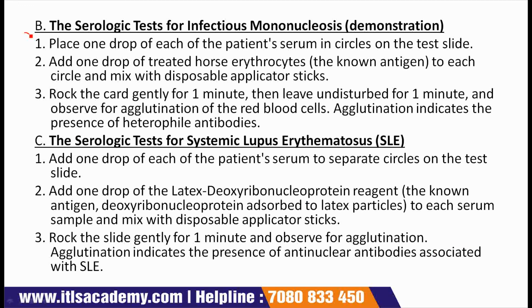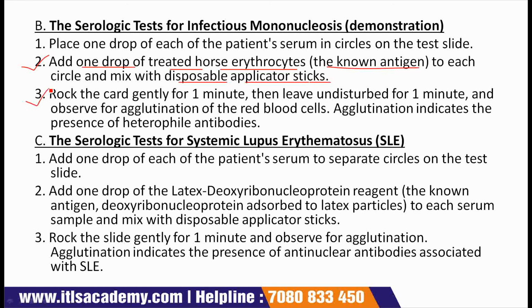Next, the serologic test for infectious mononucleosis, and this is a demonstration. First point, place 1 drop of each of the patient's serum in circles on the test slide. Next, add 1 drop of treated horse erythrocytes, the known antigen, to each circle and mix with disposable applicator sticks.